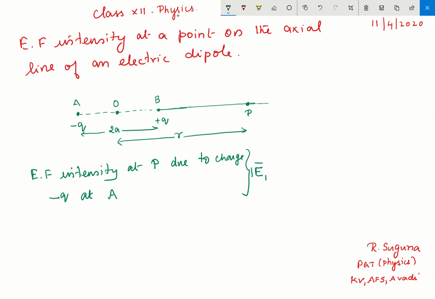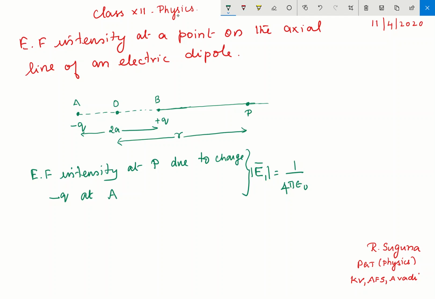E1, this is the magnitude, is equal to 1 by 4 pi. What you have to do is keep a unit positive charge at P. The force experienced by a unit positive charge gives you the electric field at P due to minus Q. Electric field is the force experienced by a unit positive charge when it is kept at that point.